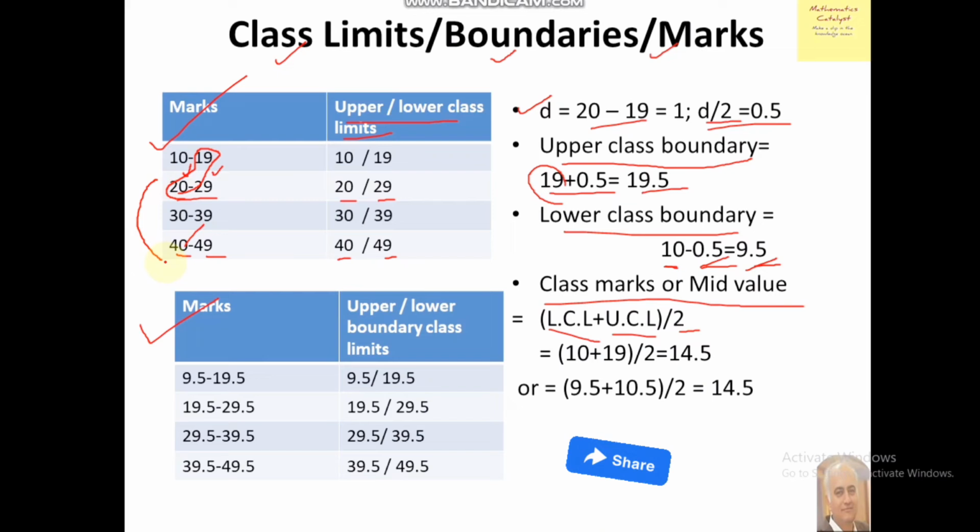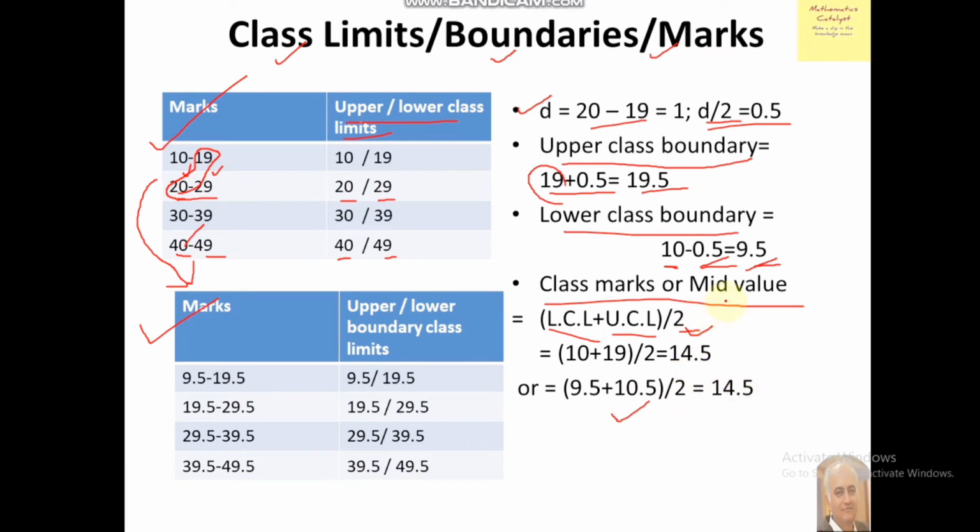Whenever you convert this distribution into this form, it's okay, है ना, by taking the lower class boundary limit and upper class boundary limit. Or otherwise, if you are not converting it into this form, then the LCL plus UCL dividing by 2 is same as upper limit plus lower limit dividing by 2. Means you have to take 10 plus 19 upon 2, or you can take 9.5 plus 19.5 upon 2. We get the same value, 14.5.